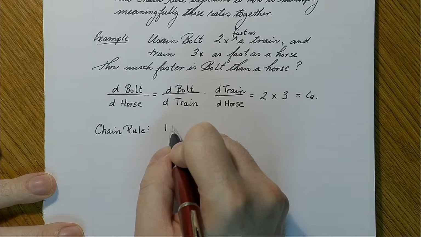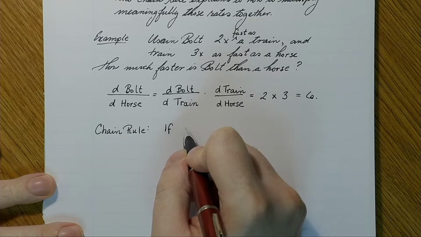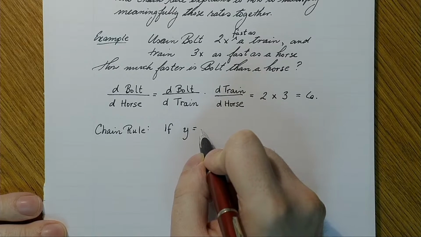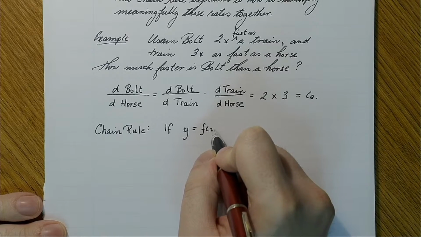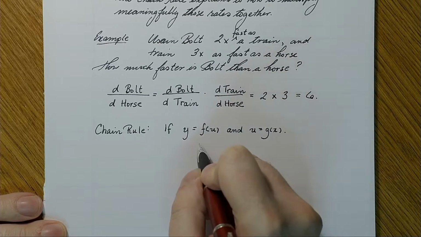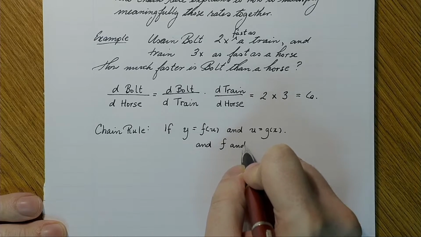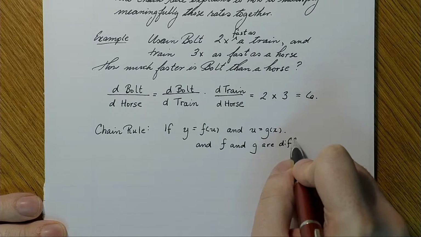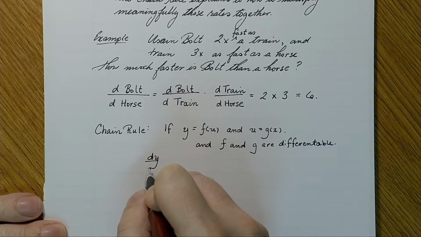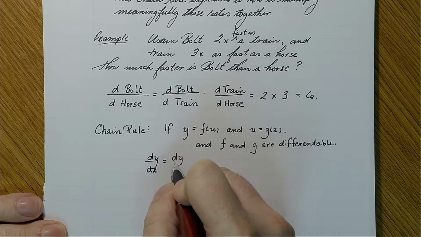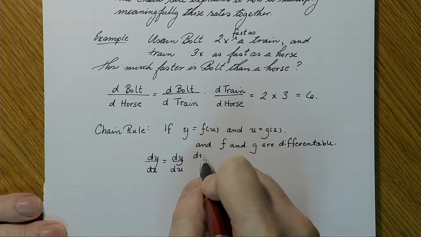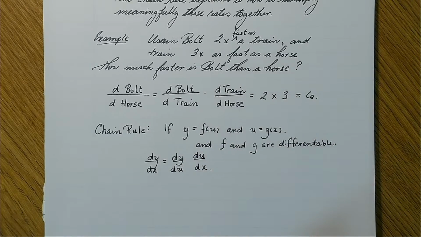So I'm going to say that if y is a function of u, and u is a function of x, and f and g are differentiable, then we have dy by dx is equal to dy by du times du by dx, and that's the chain rule.